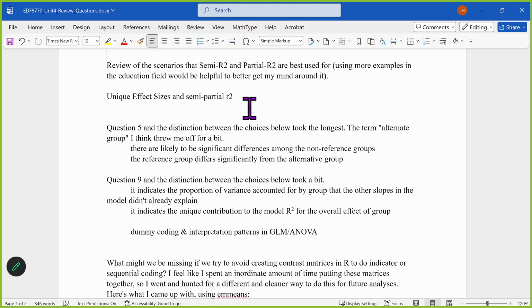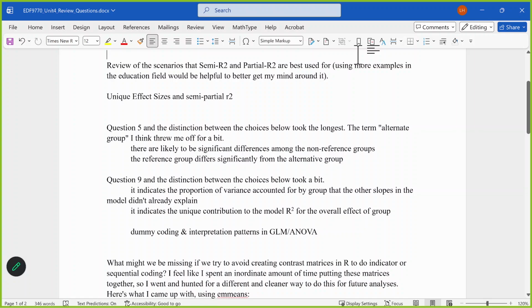I'm going to say it, and then if it's wrong, it's fine. The contribution of teaching quality to math proficiency when accounting for... no, I don't even like how I'm saying this. I'm struggling. I think the problem is I'm trying to think about the Venn diagram, and there is some contribution that teaching quality has that is unique to teaching quality, and that is semi-partial.